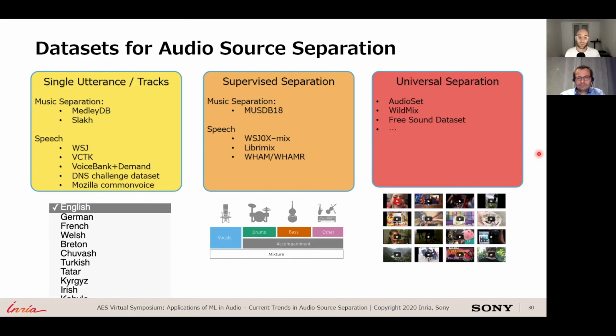And last but not least, there are datasets that we already introduced: AudioSet, WHAM, and the Freesound dataset that have a huge number of examples. AudioSet, for example, has 2 million videos that are tagged with audio that can be used to create systems that are able to separate any kind of sound.